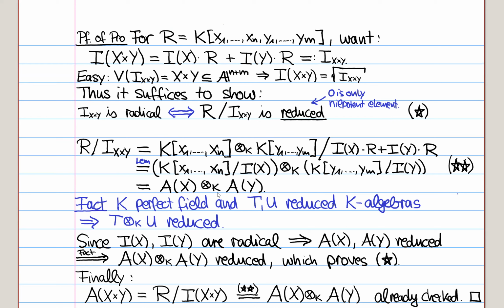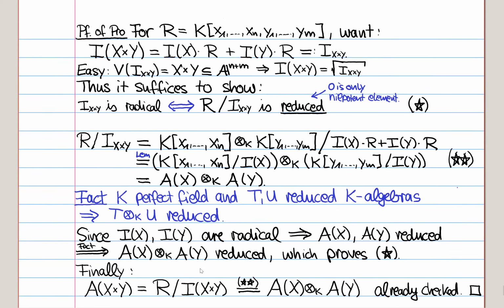And since we have the ongoing assumption that K is algebraically closed, in particular, it is also perfect. And so we are allowed to use this fact. And then it tells us that this is indeed a reduced algebra.